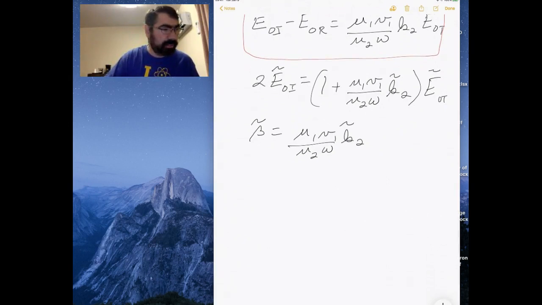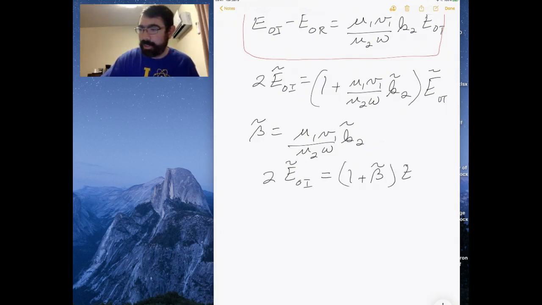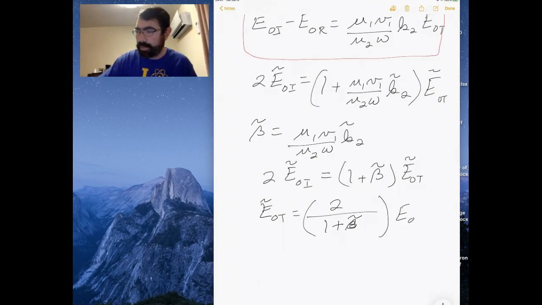But if I put that in, then what do I get? I get 2 times the incident amplitude is 1 plus beta tilde times the transmitted amplitude. Or we get a form which looks similar to what we saw before in terms of the scattering of waves: 2 divided by 1 plus some constant factor, times the incident amplitude.